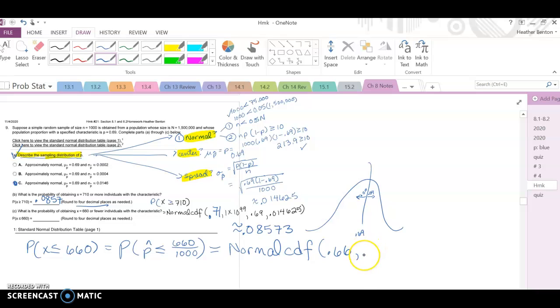Oh, I'm sorry guys, it's 'or fewer,' so the lower limit should be -1 times 10 to the 99. 0.66 is our upper limit. Then our mean is 0.69, and your standard deviation is 0.014625. A rule of thumb is to always make sure these numbers are in the same ballpark. If you have decimals and then some huge number, something's wrong.